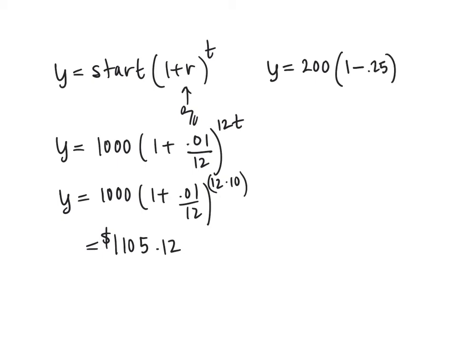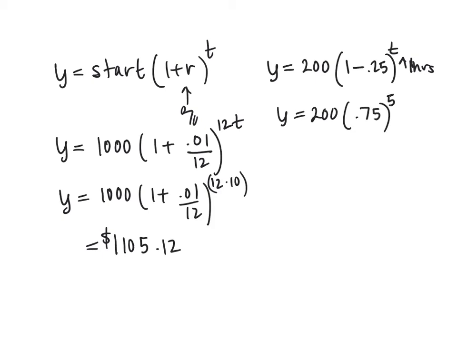And then here your T is actually going to be in hours, not years, because we're talking about medicine. It's a different situation. And if you want to know how much is left of a 200 milligram dose of ibuprofen, 1 minus 0.25, by the way, is 0.75.